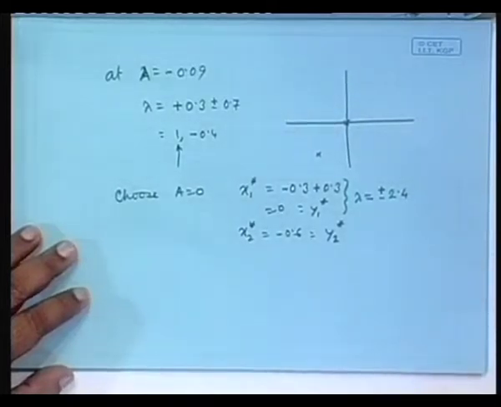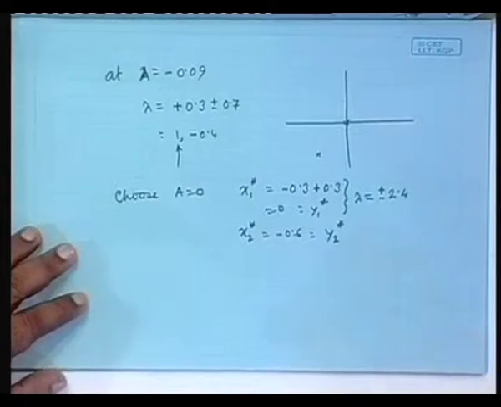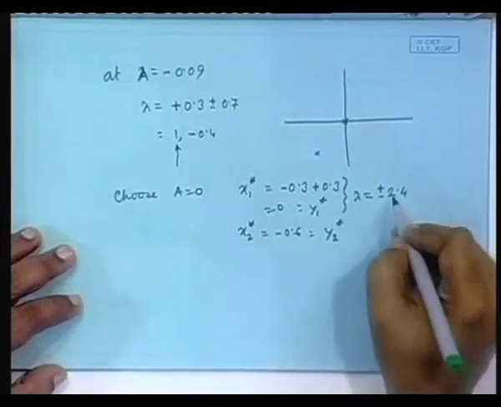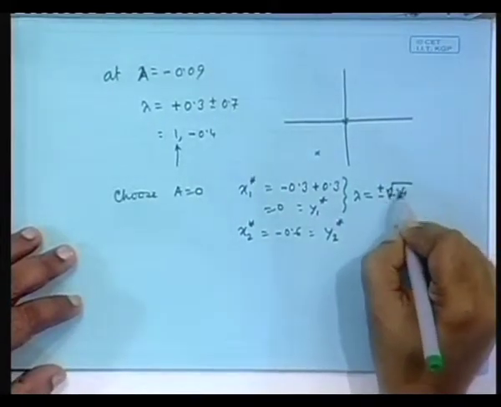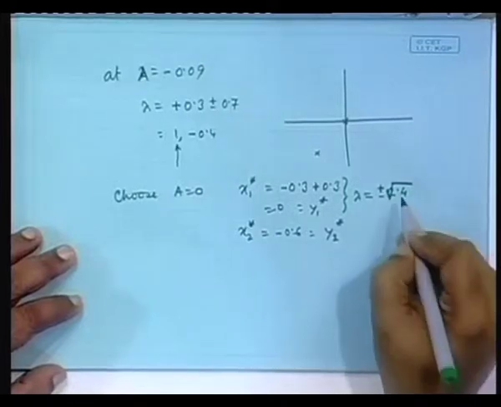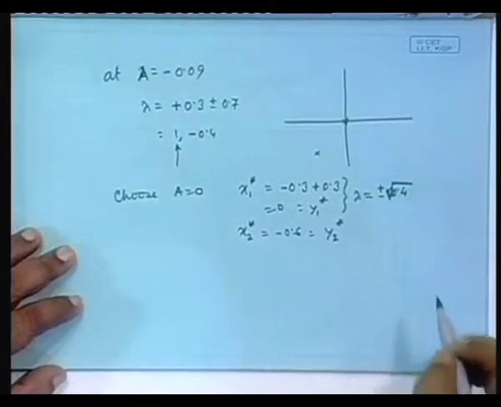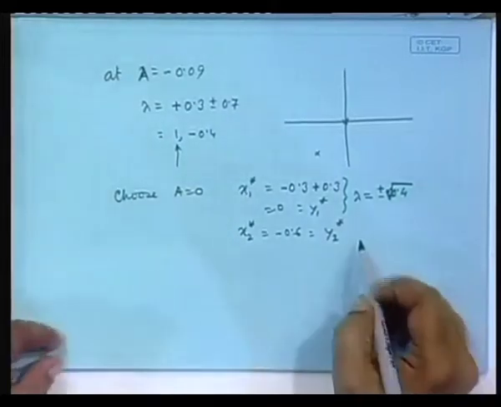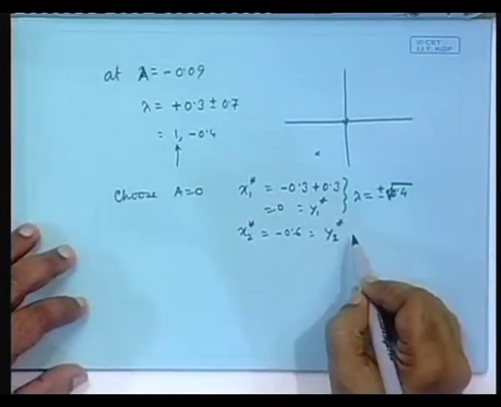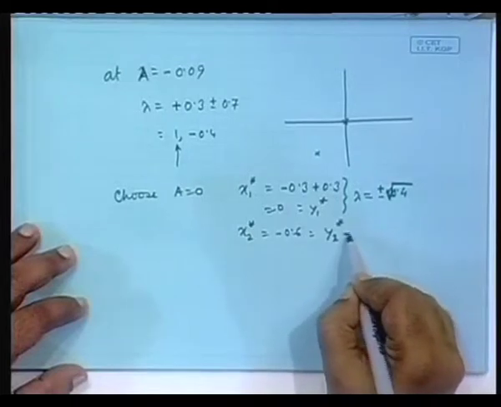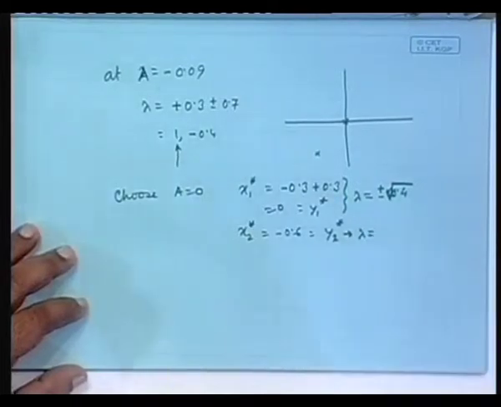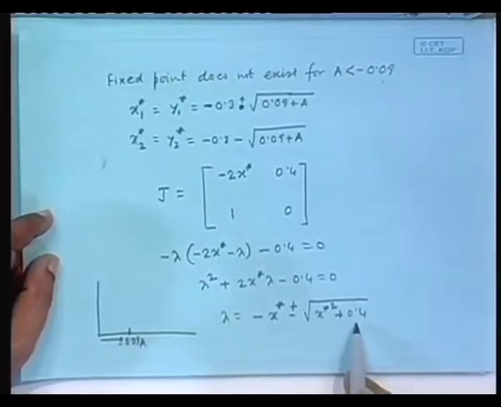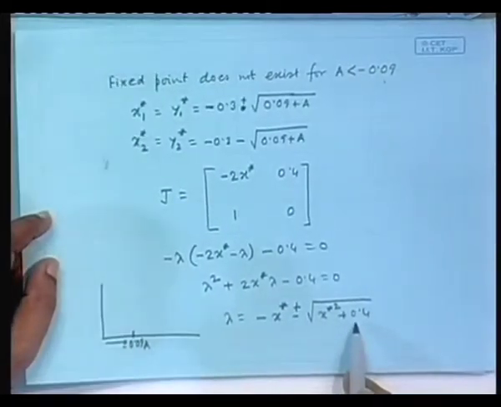Is that right? Oh, root 0.4. Okay, that's possible. And if you put 0.6 here, it would be 0.36.